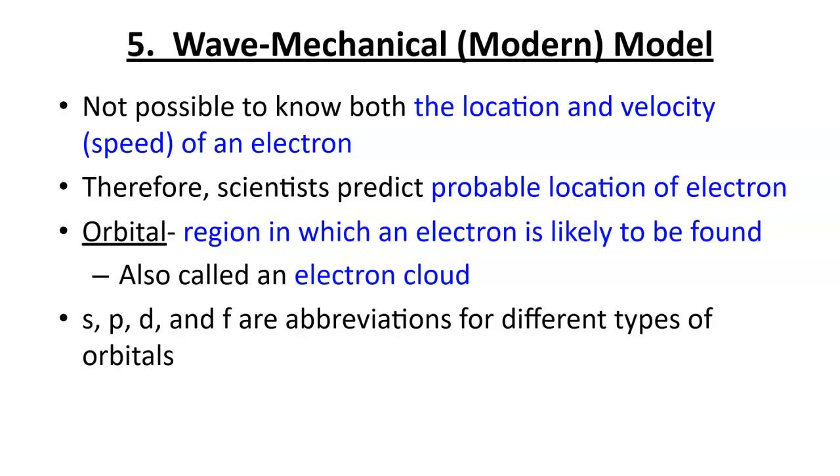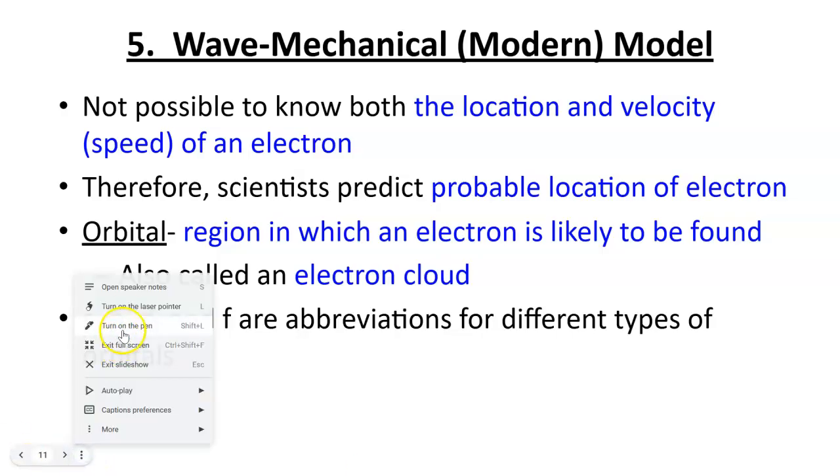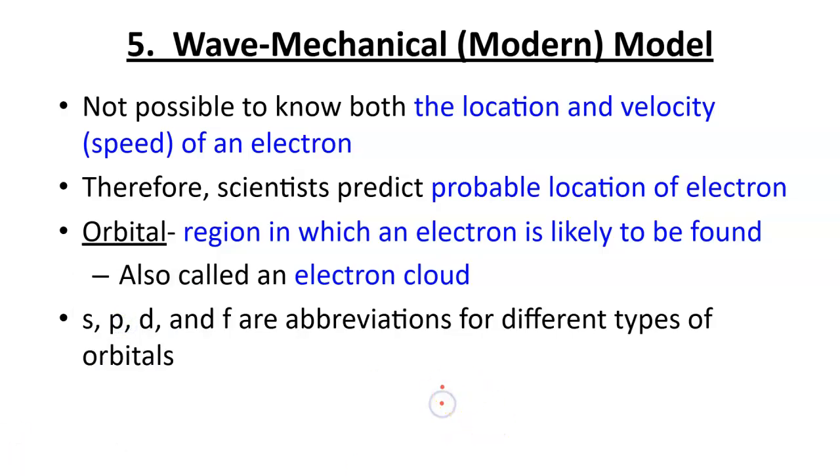But the modern model, we'll just mention for a few minutes here, is based on this idea that those electrons are not spinning around like that. Those electrons are actually moving constantly, and they're in a location called an orbital. So you can think of it like if you have the nucleus here, the first two electrons are always somewhere in this shaded space here.